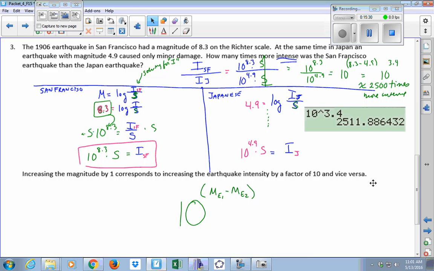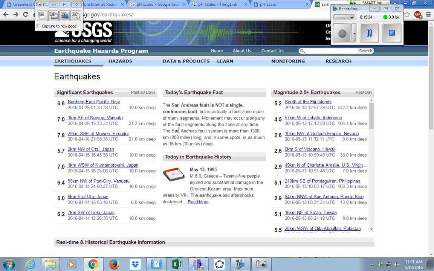If we went back to what we just found on Google a minute ago, and we wanted to compare the earthquake that happened in Ecuador, 7.8, with the earthquake that happened today in Nevada, 2.6, let's see what the intensity ratio is.